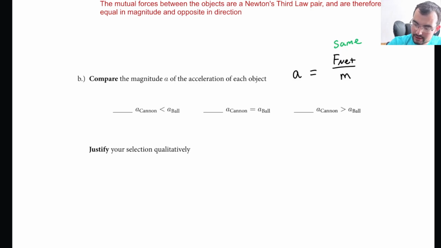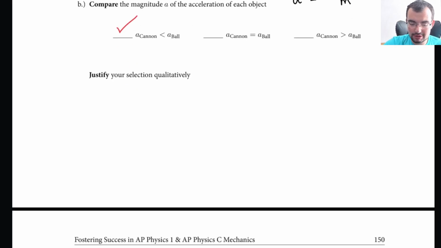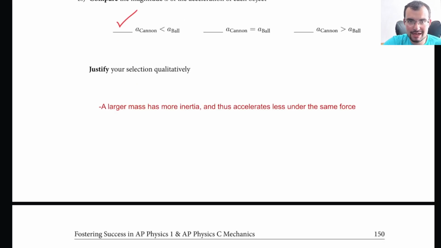So, according to this equation, same force, the bigger mass will accelerate less. So the cannon accelerates less than the ball because the cannon has more mass, or more inertia. So how do you say that qualitatively? A larger mass has more inertia, and thus it accelerates less under the same force.